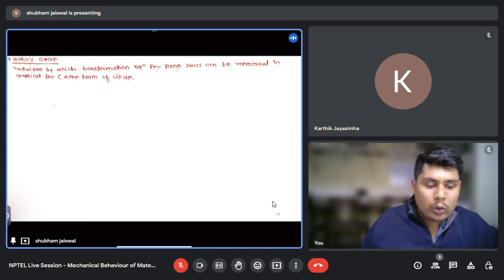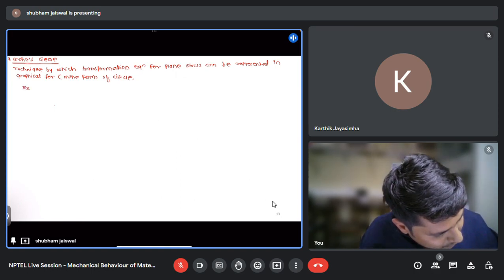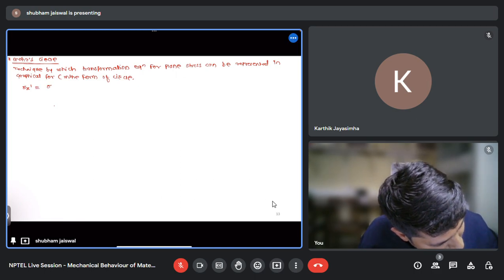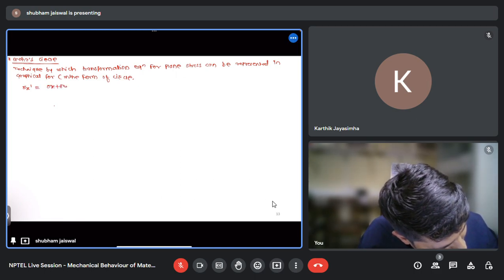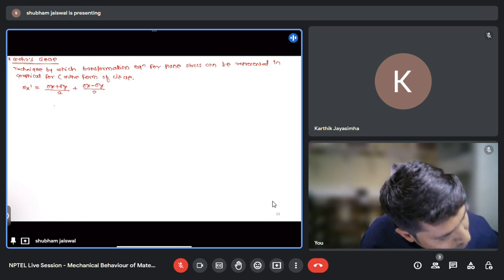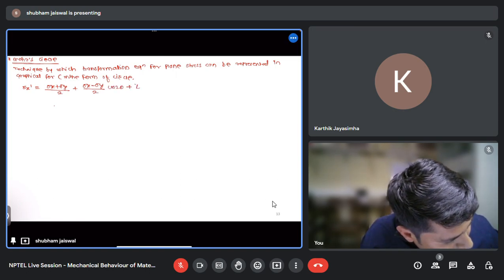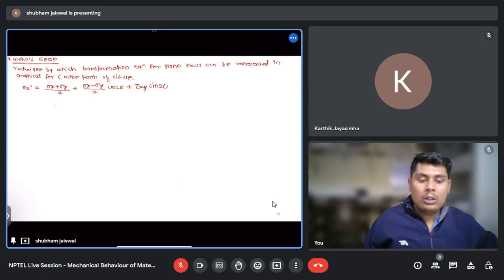So we know the transformation equation, that is sigma x prime is given by (sigma x plus sigma y) by 2 plus (sigma x minus sigma y) by 2 cos 2 theta plus tau xy sin 2 theta.